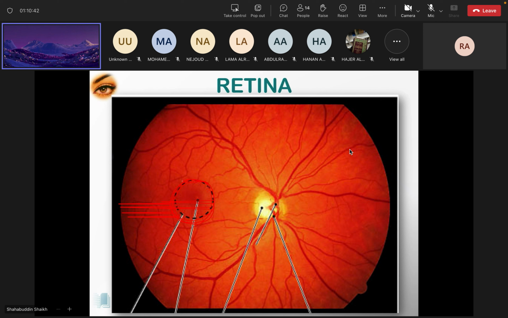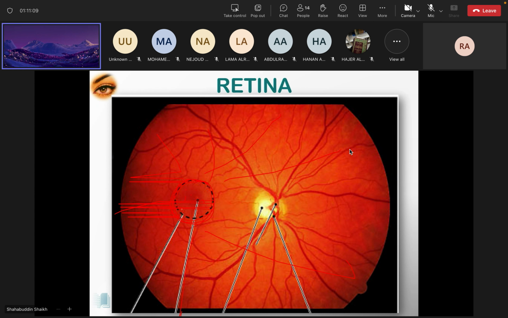Can you see this area? There are no blood vessels. This region has more receptors as compared to any part of the retina. As you go towards the periphery from this region, the number of receptors decreases. Are we clear till this point?